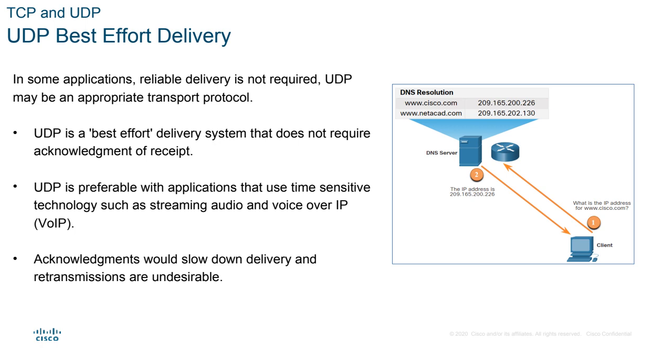When you are using VoIP, you mostly care about the speed, because when someone is saying words, you don't want to hear them late, or one character before the other. Acknowledgements would slow it down, and retransmissions are undesirable. Another example for UDP is DNS.